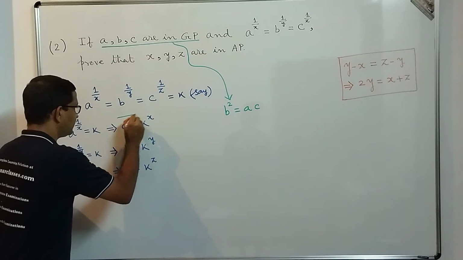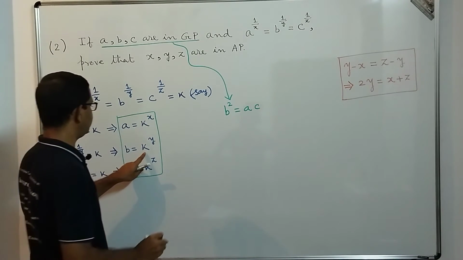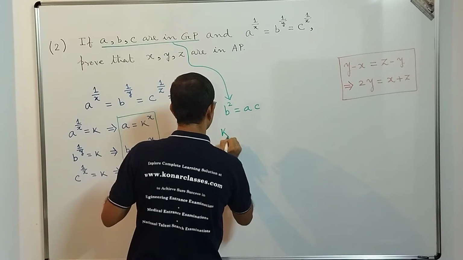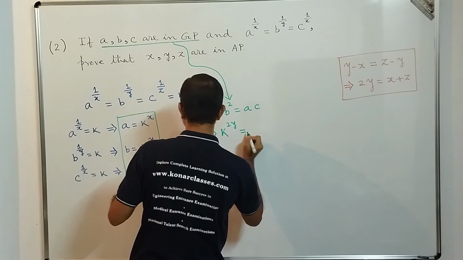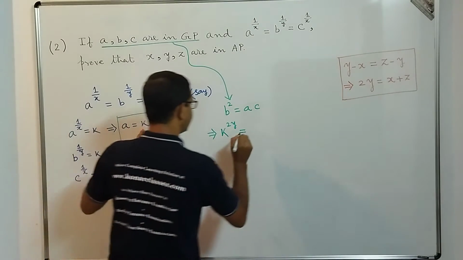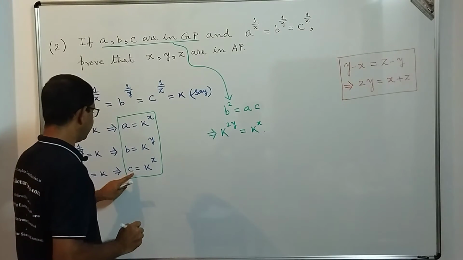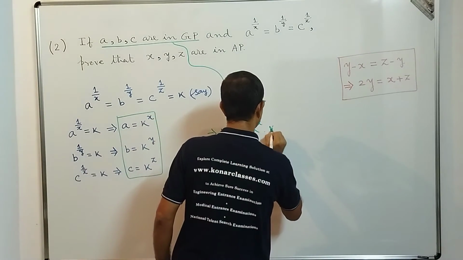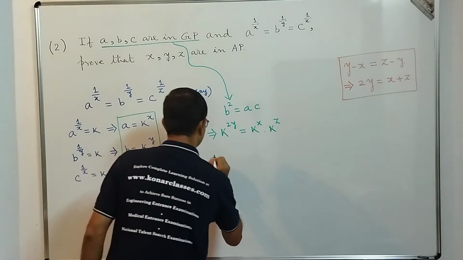From here we can take the value of ABC. B square means k to the power 2y. So this implies k to the power 2y is equal to a, which is k to the power x, into c, which is equal to k to the power z. Correct? So what do we get, dear students?